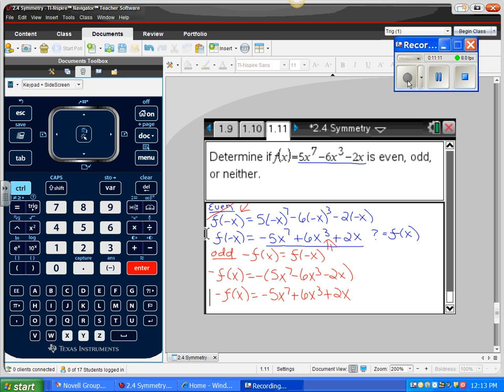This is why we do even first, okay? So does this equal this? Yes. So this function is odd. Now, if it didn't work, what we would say is that my function is neither. Okay? We're going to do quite a bit of practice with this. And again, this is something new you haven't done before. All right. Next page.